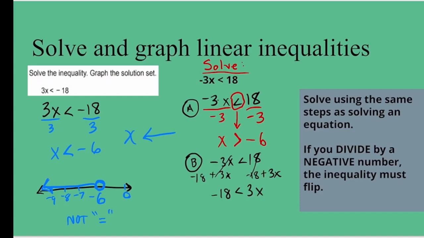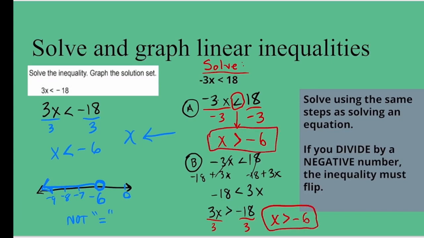If negative 18 is less than 3x, I can rewrite this as 3x being greater than negative 18. Now if I divide by 3, I get x is greater than negative 6. So the answer is the same. The reason I'm showing you this part, B, is because this is the why. This is why we switch the inequality when you divide by a negative.